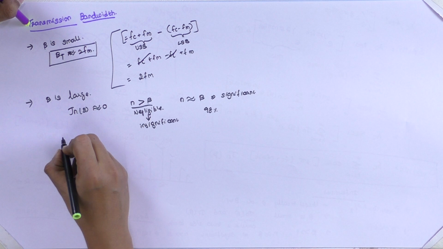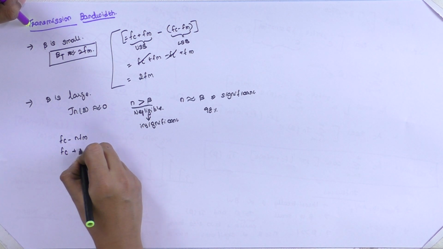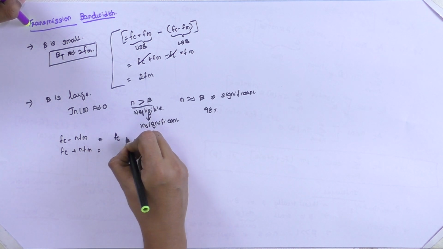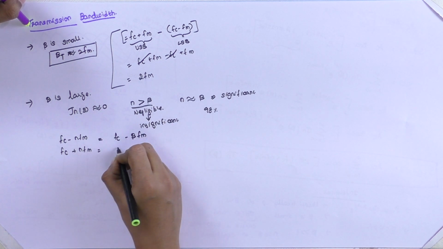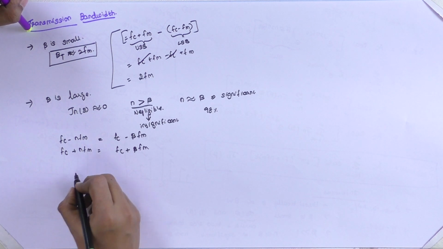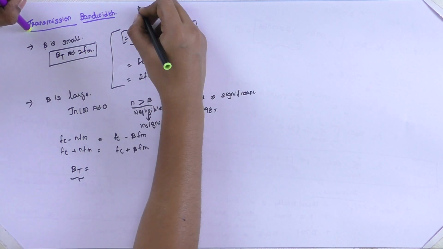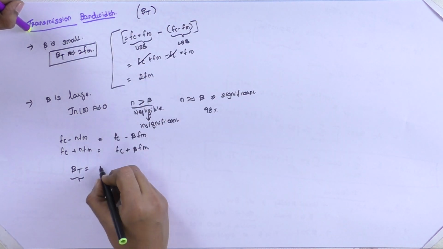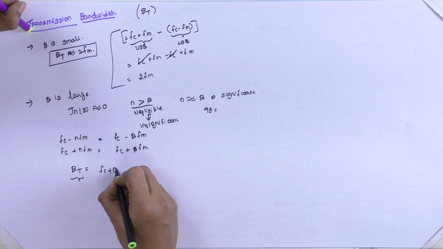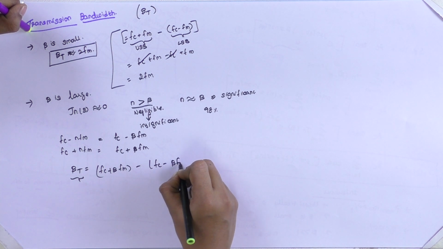Therefore, the significant component range is fc minus n fm to fc plus n fm. This is the significant component. Therefore, fc minus beta fm, fc plus beta into fm. This is the transmission bandwidth, which can be represented as fc plus beta fm minus fc minus beta fm.